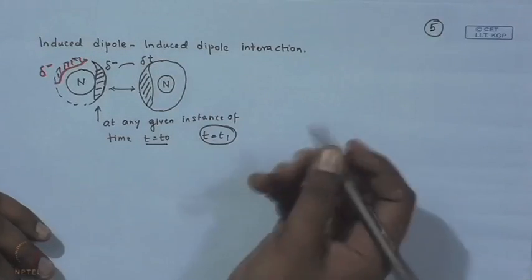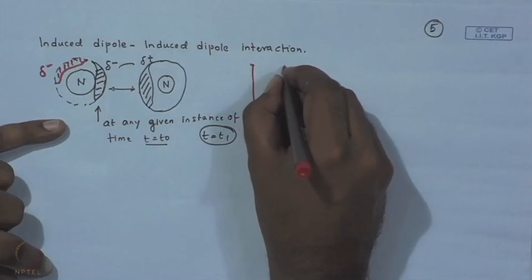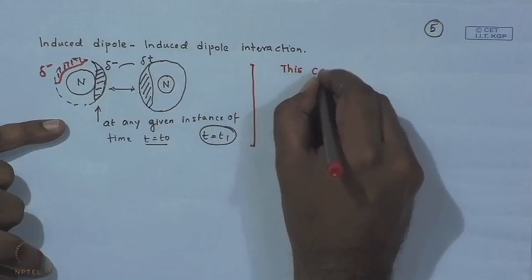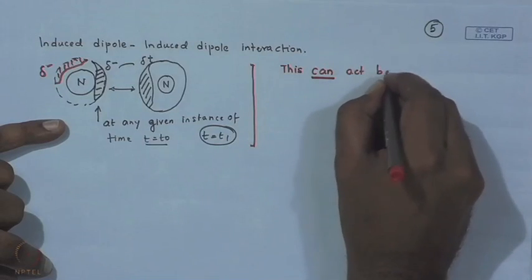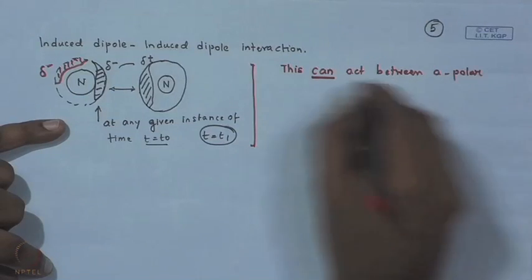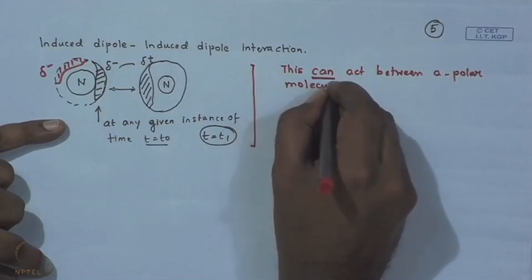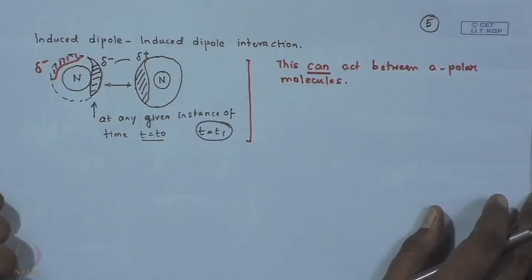Okay. So, this is the most generic form of fundamental force, because it can act between apolar molecules. In the previous two cases, the permanent dipole type interaction and the Debye forces or the permanent dipole induced dipole type interaction, at least one of the molecules has to be polar.